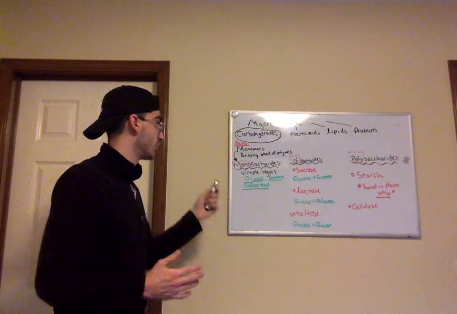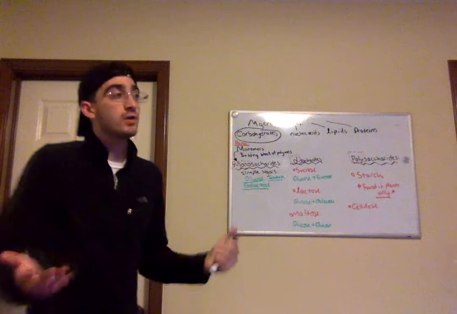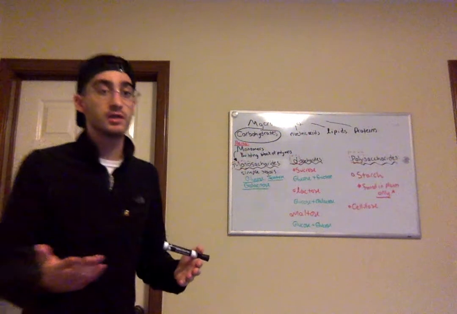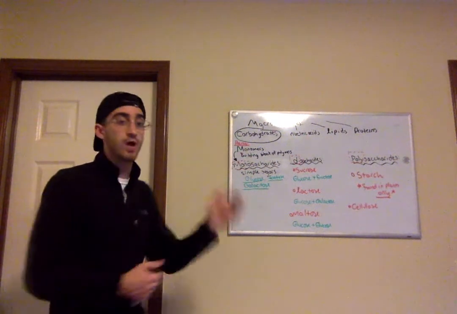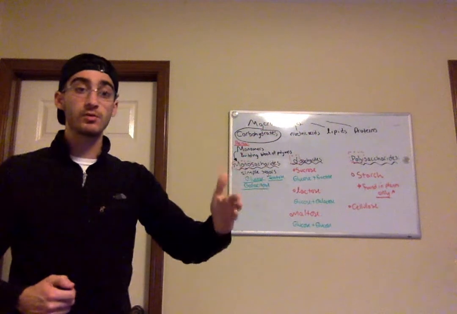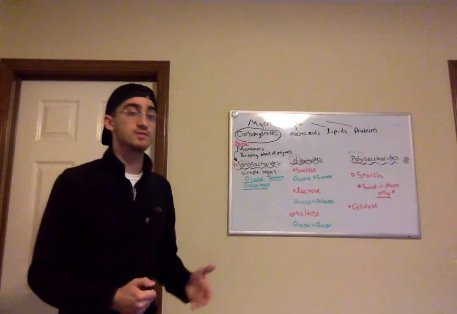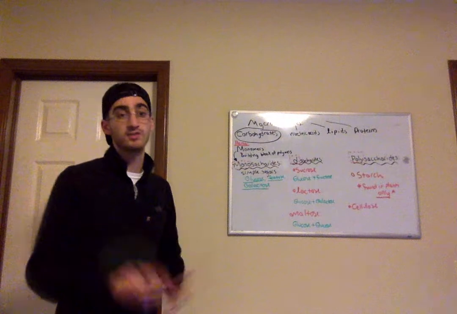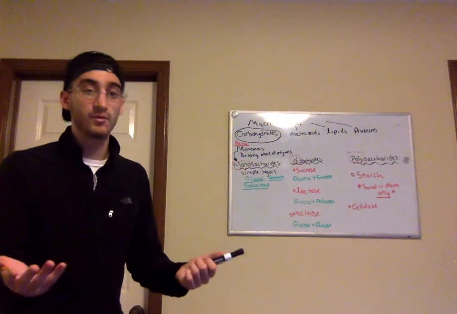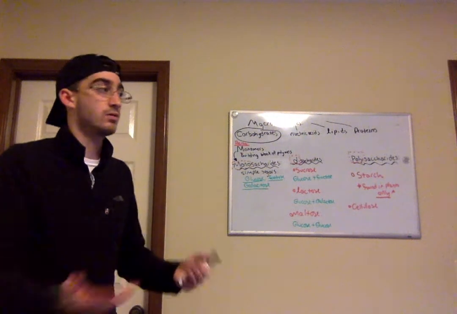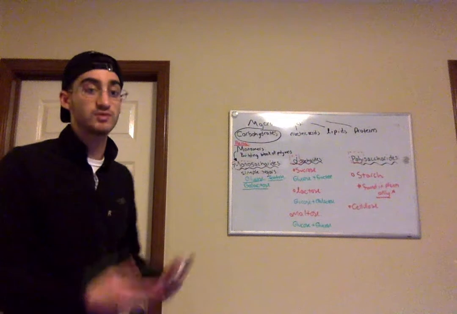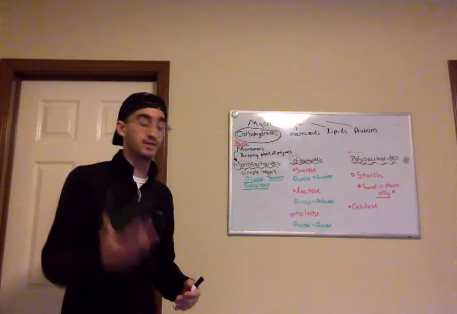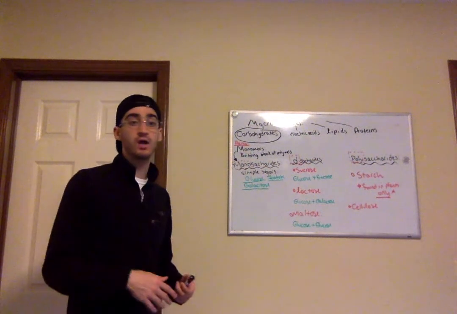You might be asking yourself, I know what a monomer is, and I know that the monomer of carbohydrates is monosaccharides. Tell me about them. What are the specific types of monosaccharides that I need to know for my test or just an overview of biology?